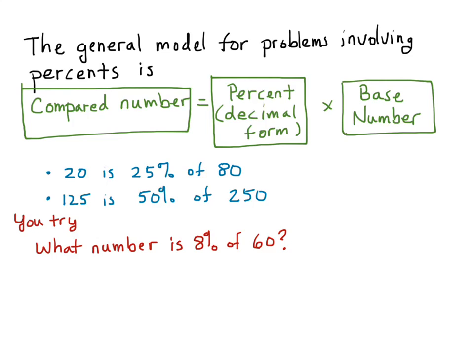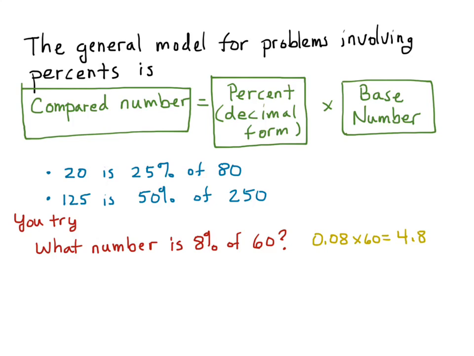I'm going to take 8% of 60, so there's your multiplication. It's going to be 8% times 60. Okay, I'll let you do the calculation there. Anybody get the calculation? Yes? Is it 4.8? 4.8. Great. Okay.